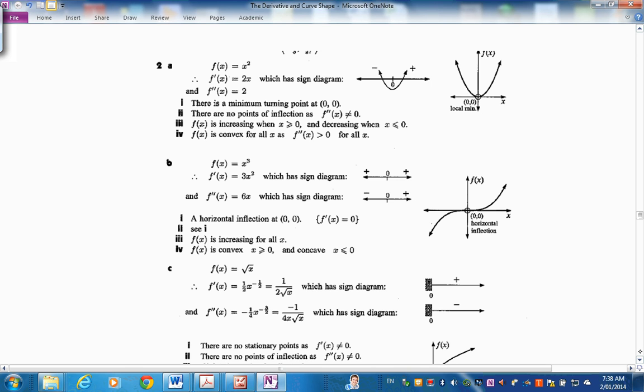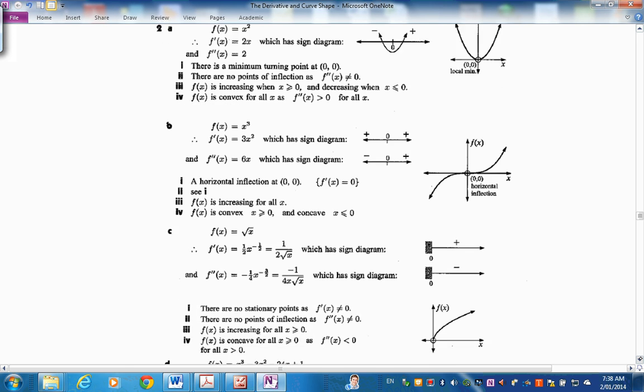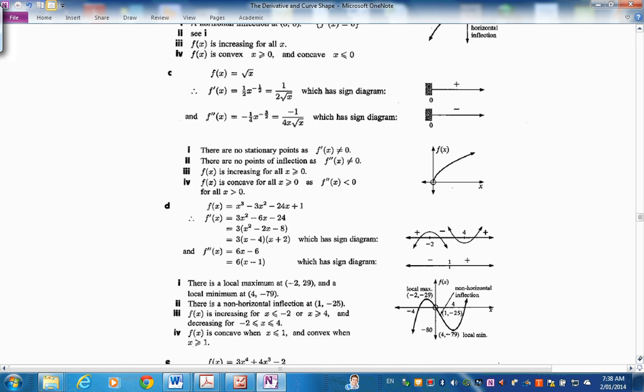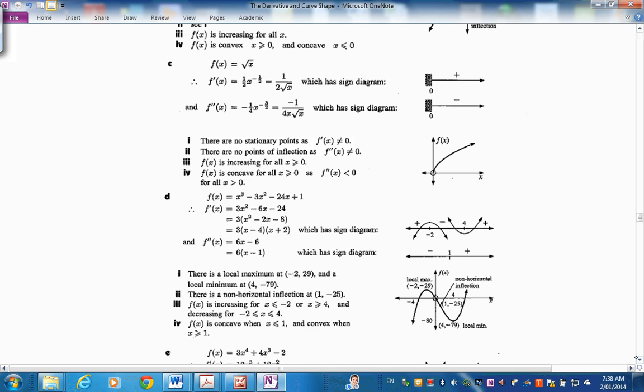Okay, question 2, parts A and B. C and D there.